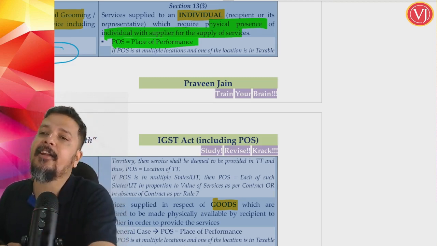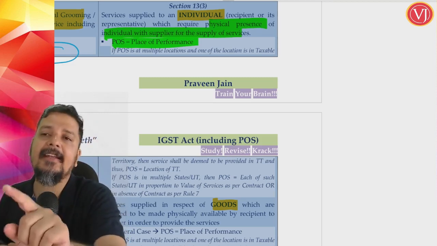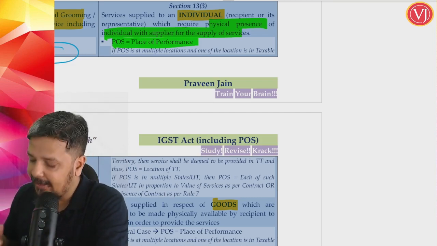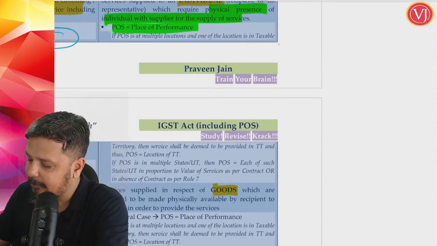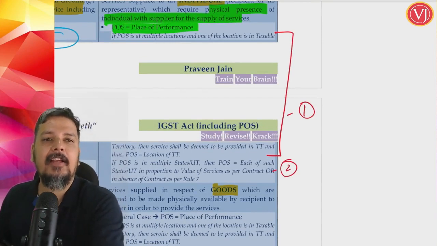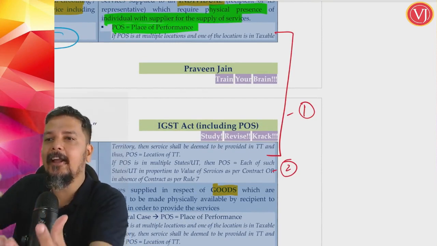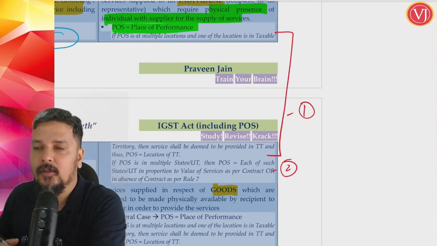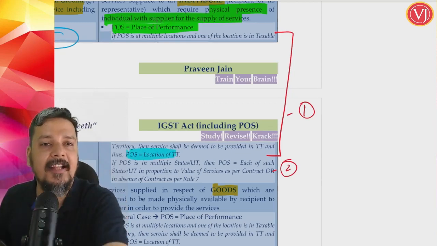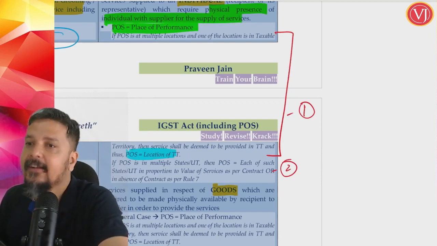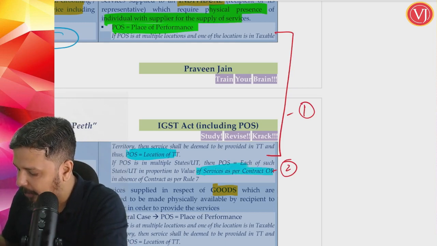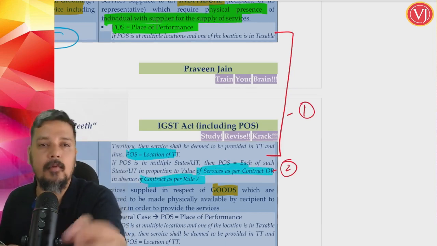But unlike section 12, section 13 recognizes the fact that you can get multiple answers. But just like immovable property, they are very clear. If you get multiple answers, part in India, part outside India, they tell that forget about the part outside India, place of supply is location in taxable territory. In taxability, if you get multiple answers, go with contract value or go with a rule called Rule 7.